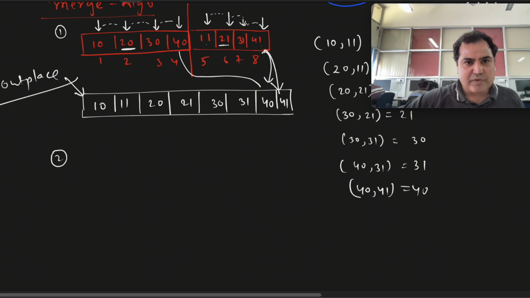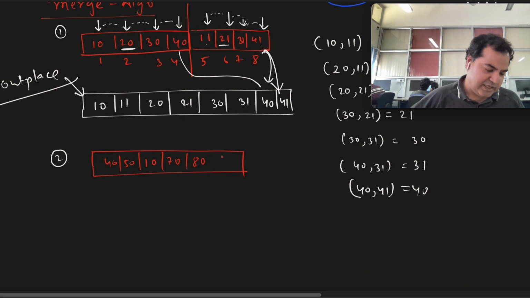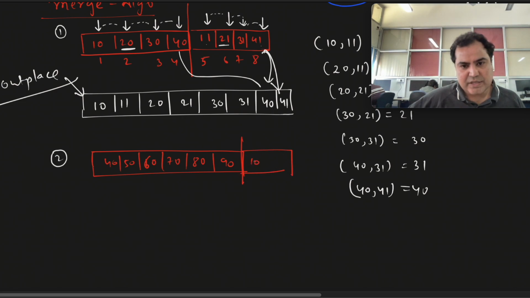So we'll take one more example. Say you have these two subarrays. I will write an example: 40, 50, 60, 70, 80, 90, and the other subarray is 10, 20, 30.